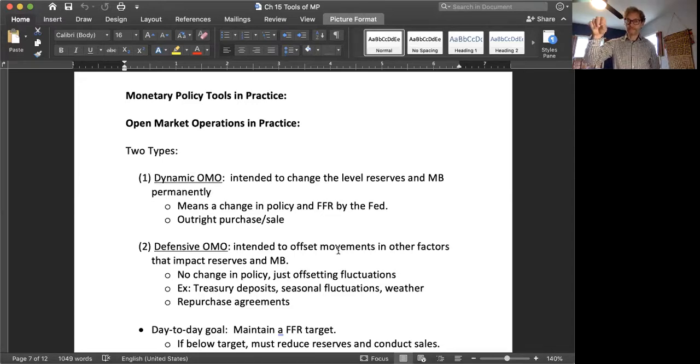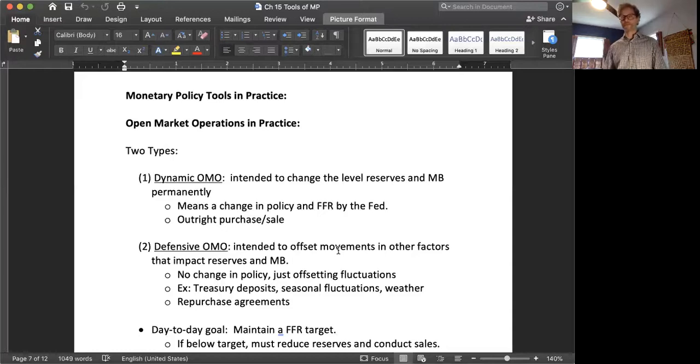It's going to want to conduct a defensive open market purchase to try to drive that interest rate from 2.1% down to 2%. So a defensive open market operation means they're not changing policy, they're just trying to maintain policy and offset fluctuations.